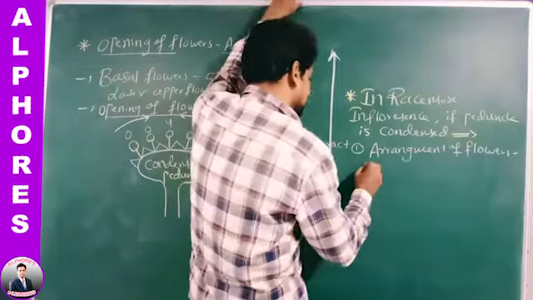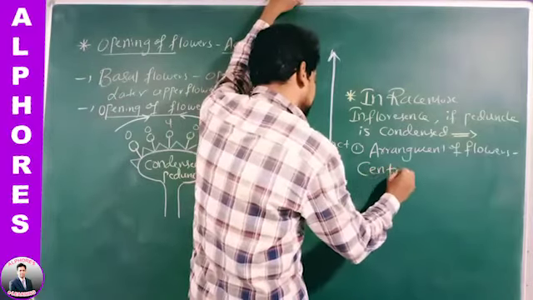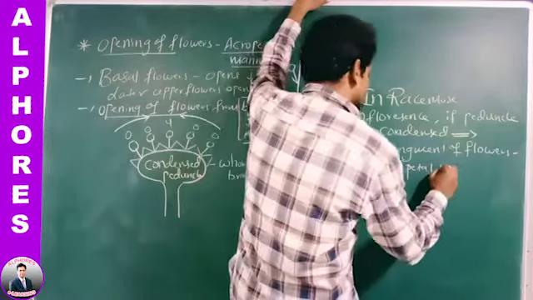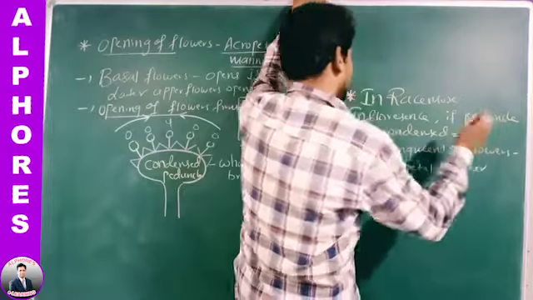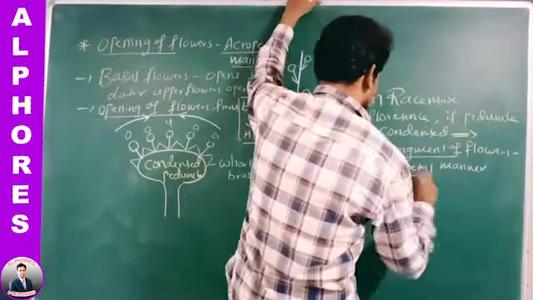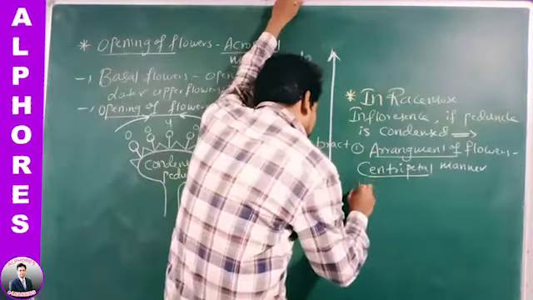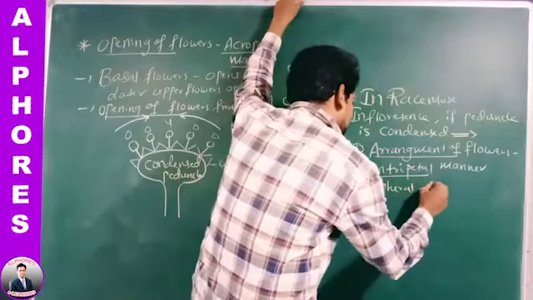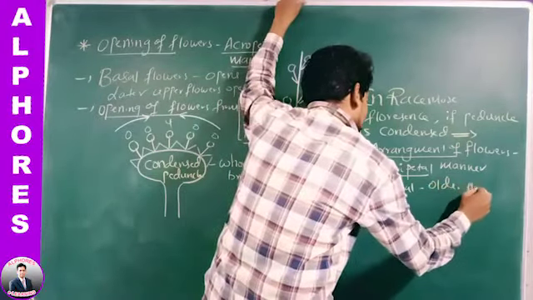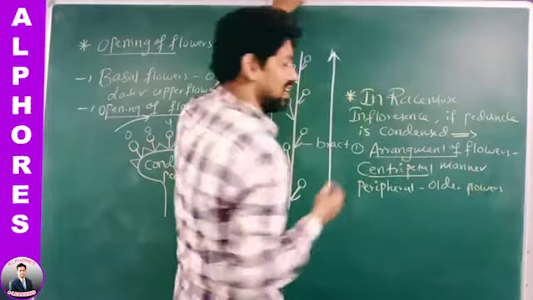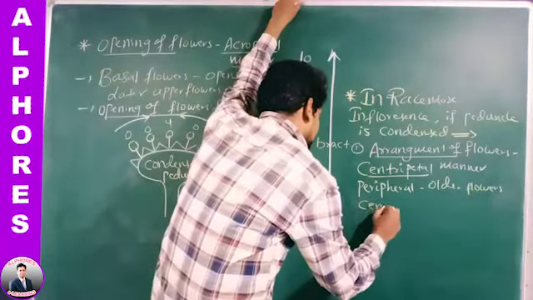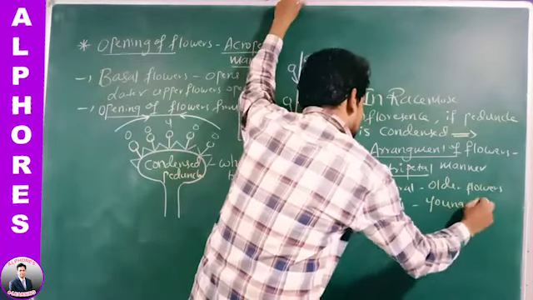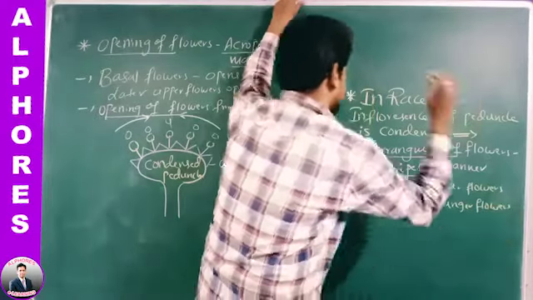Which manner, sir? Centripetal manner. Arrangement of flowers, which manner? Centripetal manner. Why, sir? Because peripheral older flowers are present, whereas central, what are present? Younger flowers are present. Central younger flowers are present.